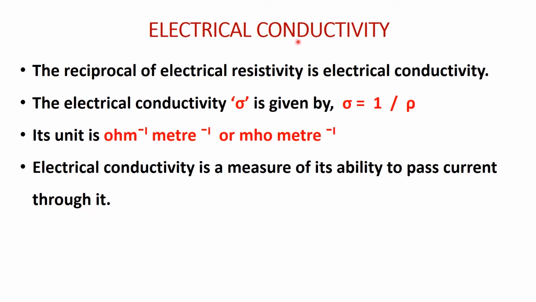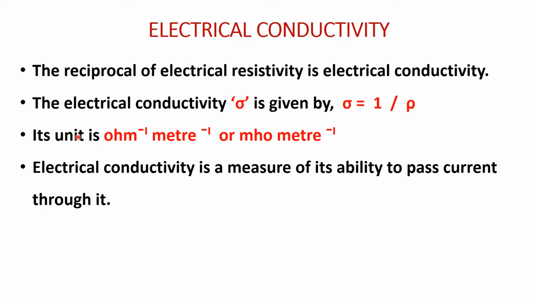Next, what is electrical conductivity? Electrical conductivity is just the reciprocal of electrical resistivity. We already saw that the resistivity is given by rho. So since it is a reciprocal of electrical resistivity, the electrical conductivity which is given by sigma is equal to 1 by rho.